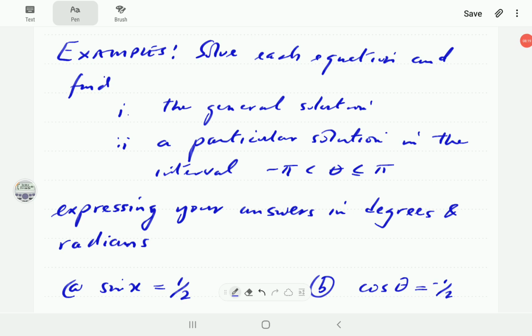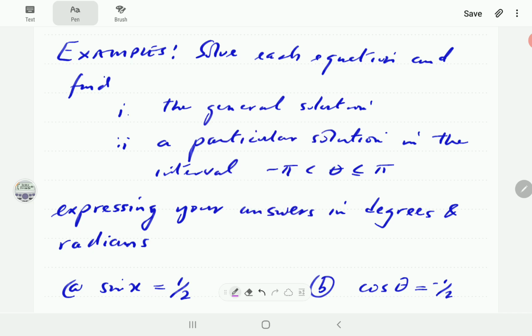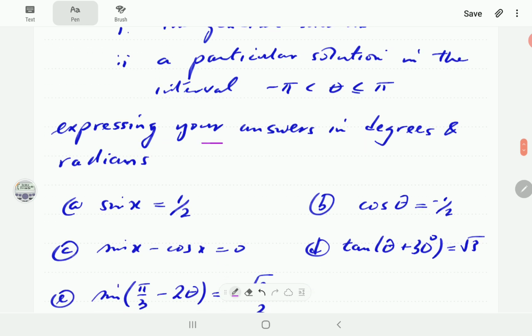All right, in this example, we are going to solve trigonometric equations. We're going to find first the general solution, and then we're going to find a particular solution in this range. Solutions, we're going to express them both in degrees and radians.